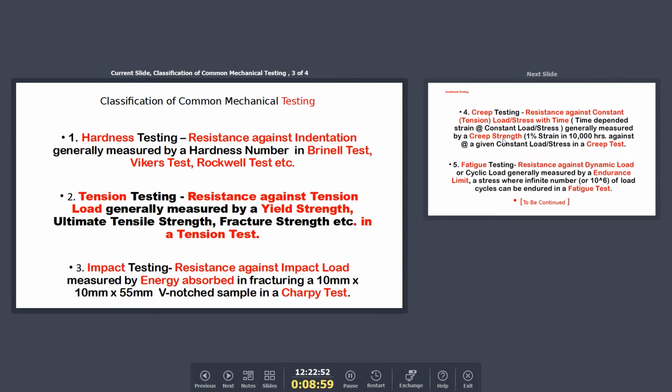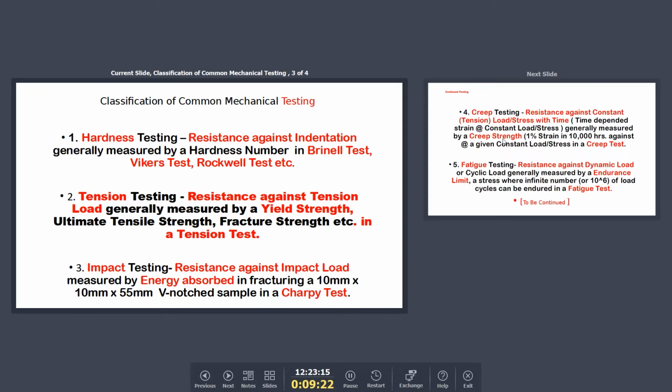It may be ultimate tensile strength, it may be fracture strength, or this type of number of parameters that you will determine in tension testing, and we will understand which material is very good for tensile load.